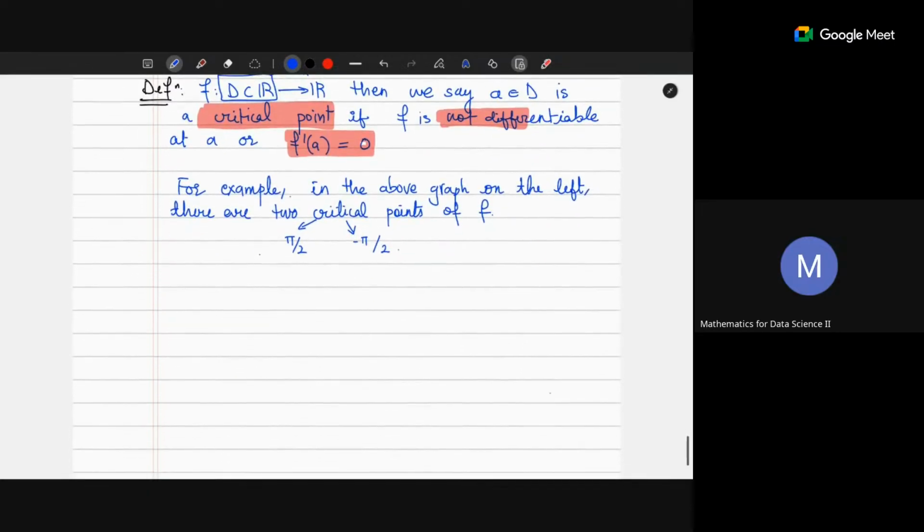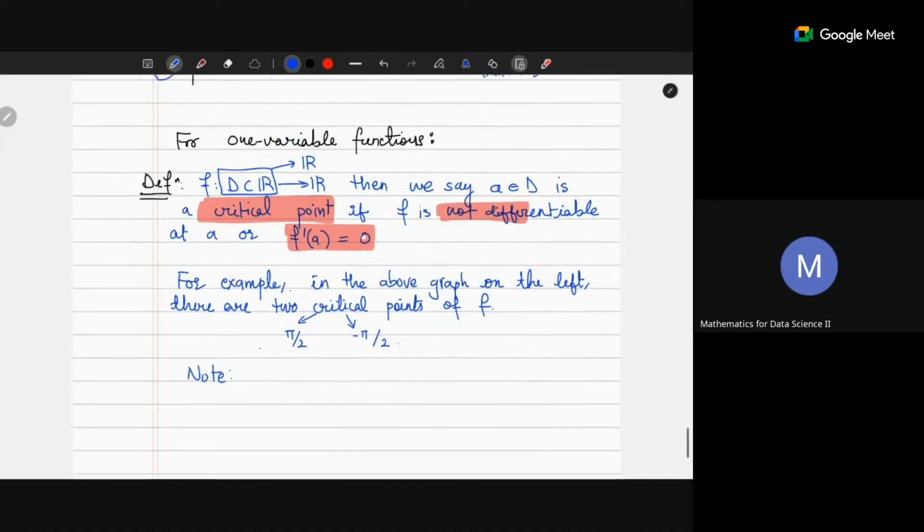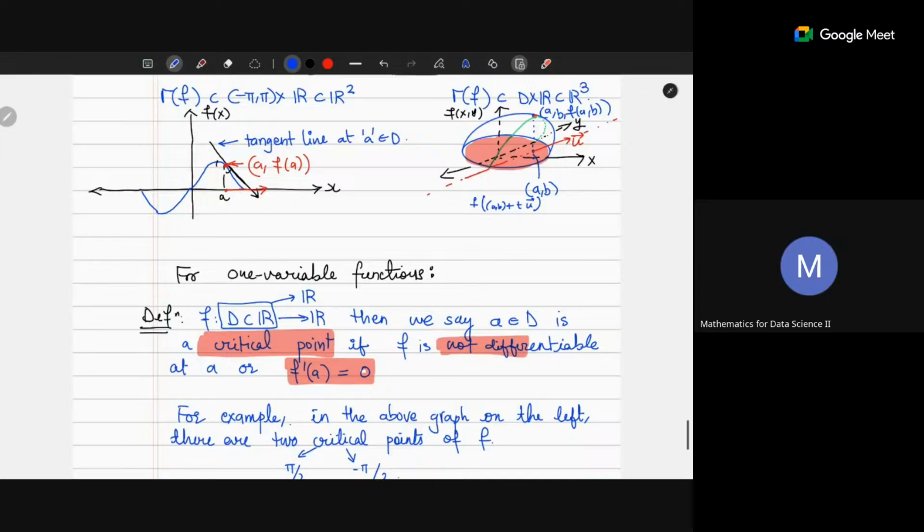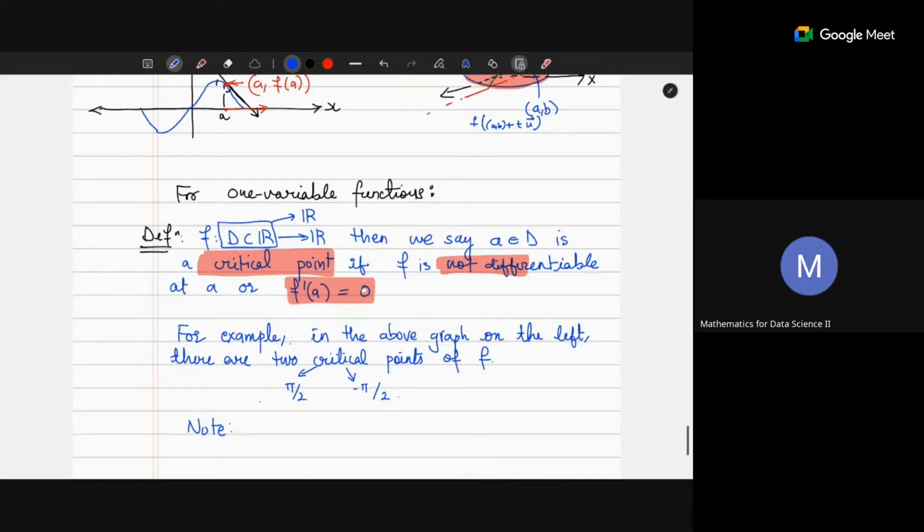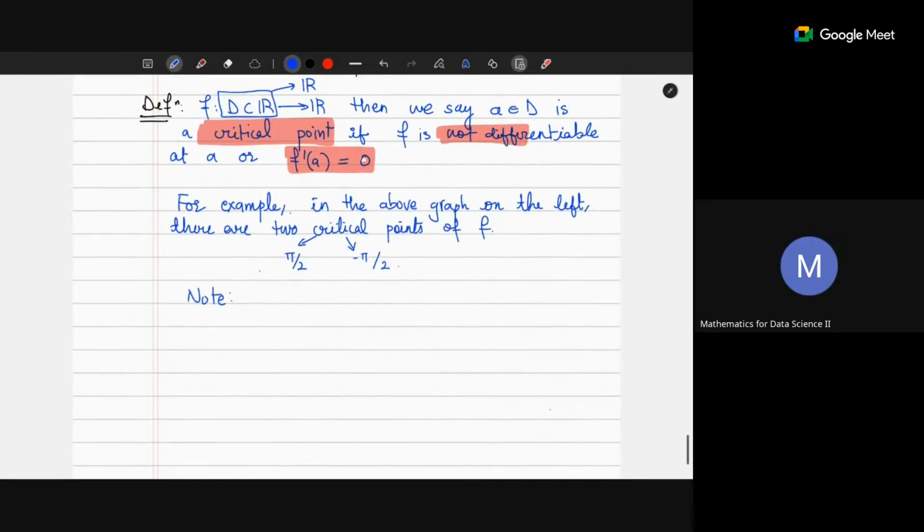So note, in particular, if you have a function given, wherever it takes an extreme value, every extremum is a critical point, but not the other way. Critical points may not be extremums, but in higher dimension they may not be critical points.